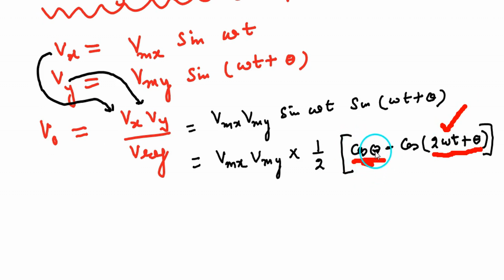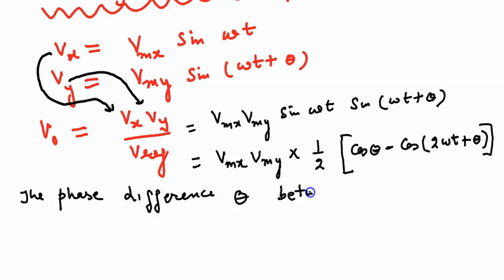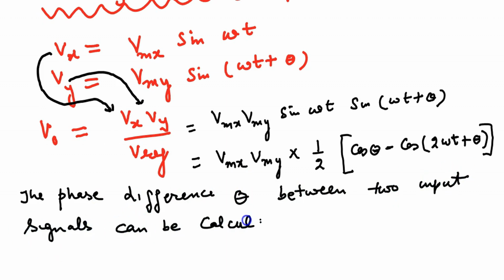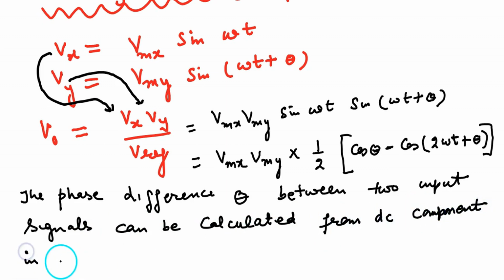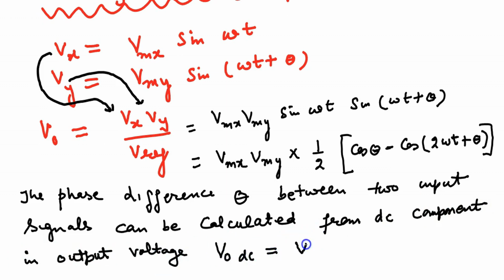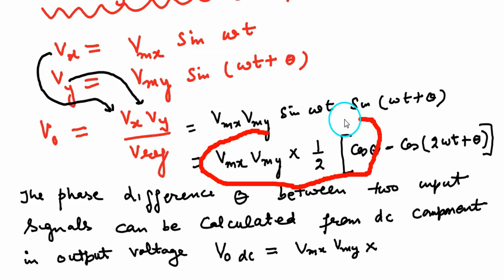Theta is some constant, some phase. This is the DC component, independent of frequency.